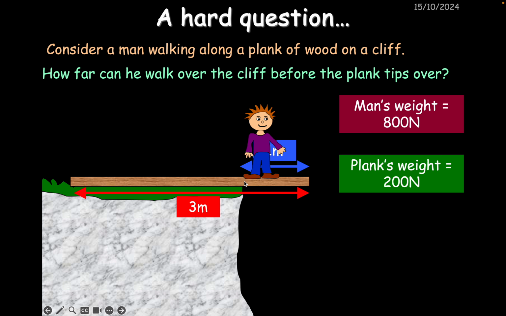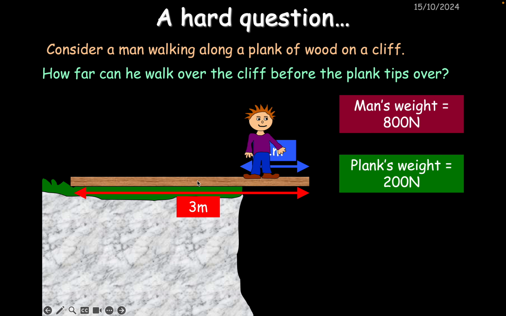And we know that the plank's weight is 200, and we know the distance from the center of mass of the plank to the edge must be 50 centimeters, okay? Because it's 1 there and 1.5 to the center. So 0.5 times 200.